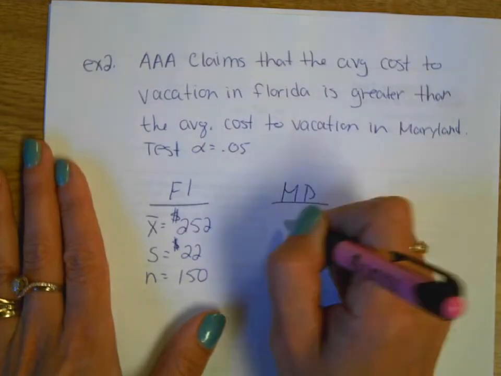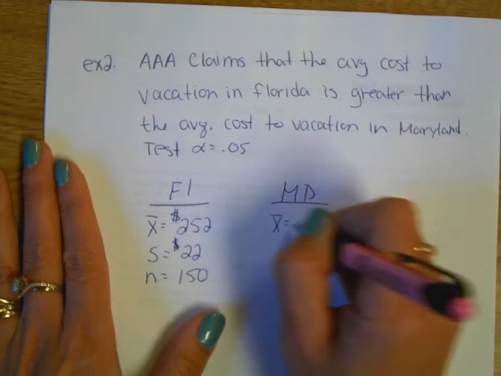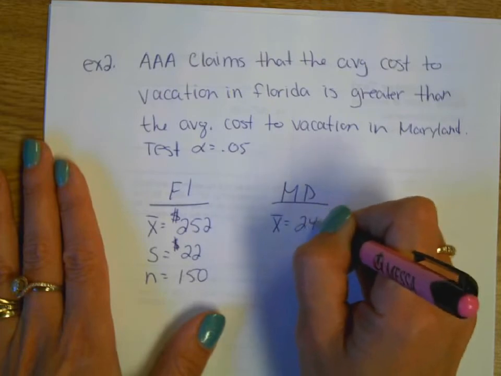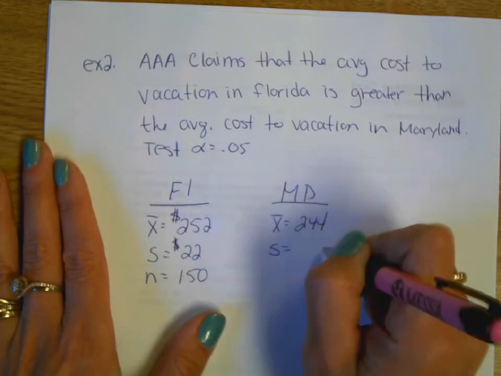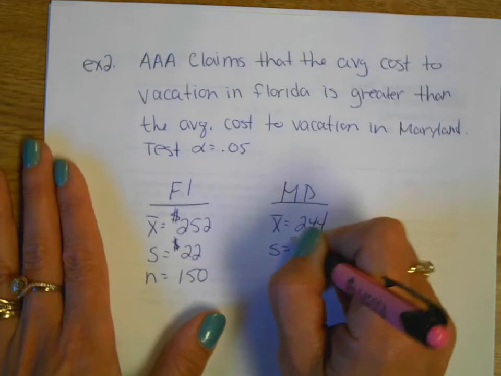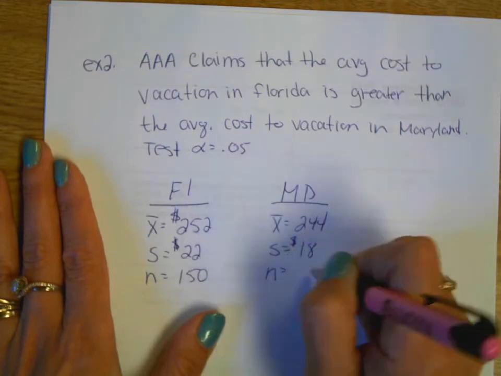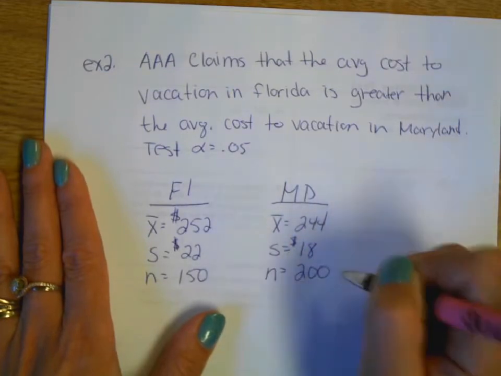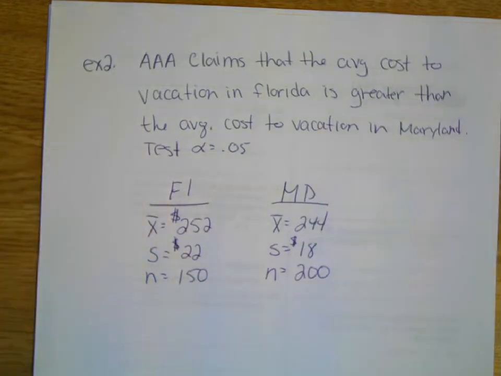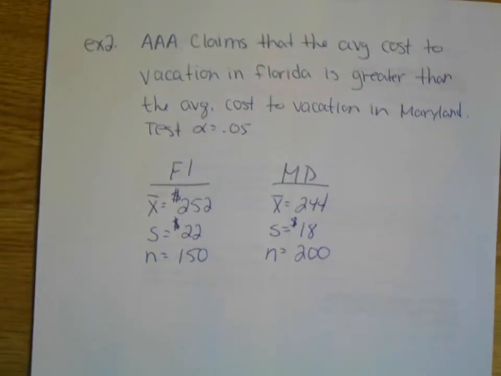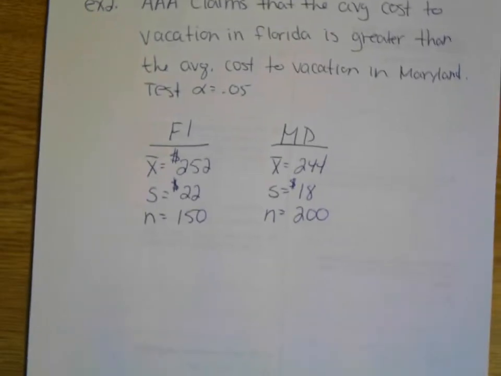Maryland, 244. Standard deviation, 18. Sample size 200, large sample. Notice the sample sizes don't have to be the same size, just as long as each one's over 30.